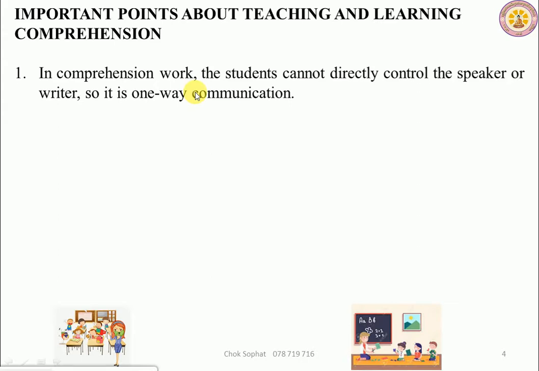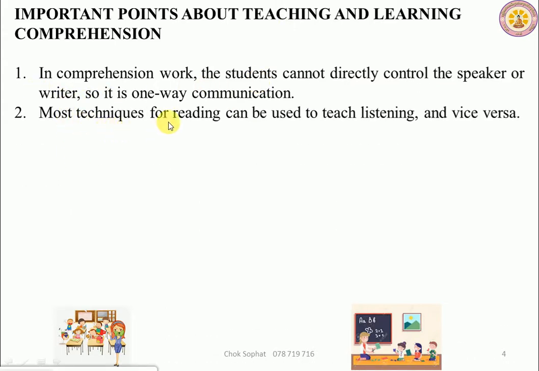So in reading or listening, it is only one-way communication, because the student cannot control the speaker in the tape or the writer, because the text is already written. So they read the text, they have to follow the text. They cannot control the writer, or tell the speaker to slow down, to speed up, to be clear, to be loud, for example.